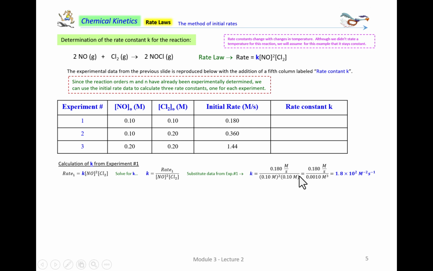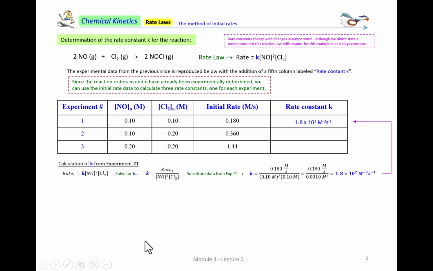If we just solve this, we end up with 0.18 over 0.0010, and the units would be molar per second divided by molar cubed. So the number turns out to be 1.8 times 10 squared, and the units turn out to be M to the minus 2, s to the minus 1. And what we'll do is put that right up here in the rate constant column for experiment 1.